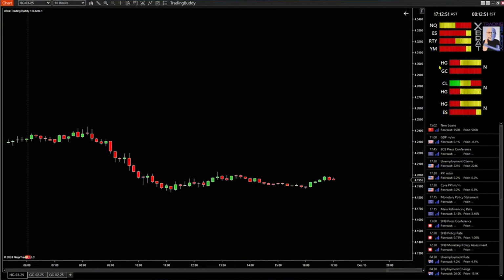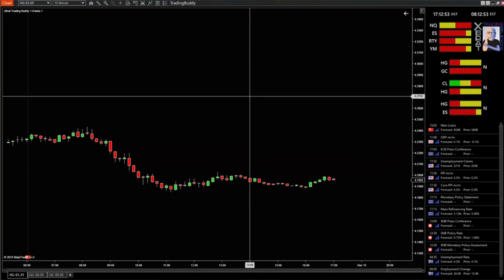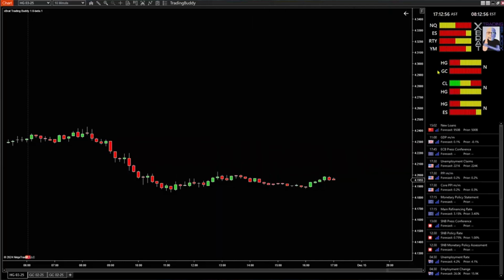So in reality, sometimes what I'm looking for with copper trades, for example, is that we have a positive correlation with gold. So if they're both predominantly red and I'm trading copper and I get a short signal on one of those signal softwares, I'm pretty confident that the correlations are good with that. I know, for example, during the European morning, we have a negative correlation between oil and copper.